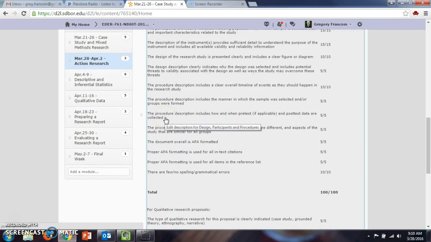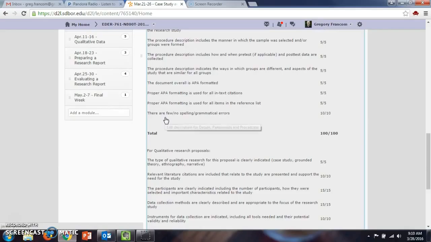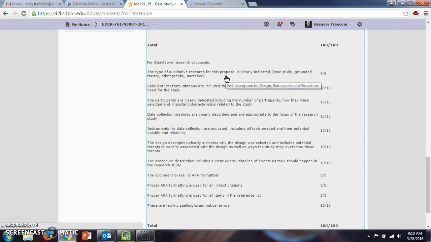I look for the overall timeline of events as you planned for them to happen in the research study, and the procedure description and so forth. This isn't your final, but it's getting toward your final research proposal, really. And hopefully you've had time to think about it enough for now.